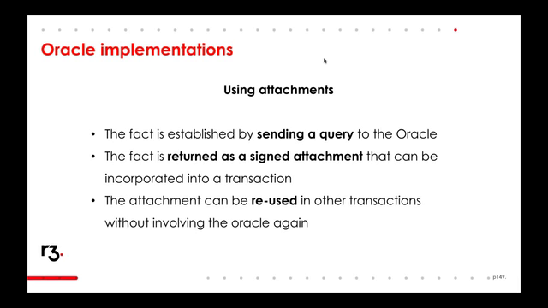You can also use attachments. For data that you would reuse, you could ask the oracle to provide it as an attachment. They would just provide a signed data structure to you. Potentially it could be an Excel file or some other machine-readable data structure. Then you can reuse this in a transaction over and over again. A typical thing might be a volatility surface to value some kind of complex derivative instrument.